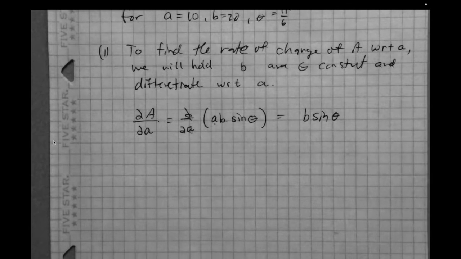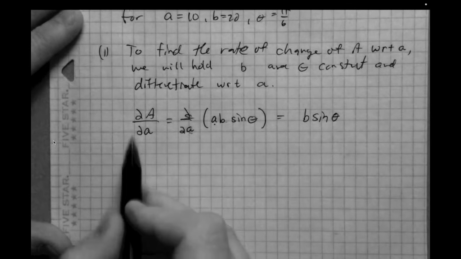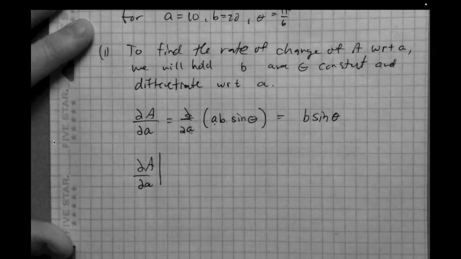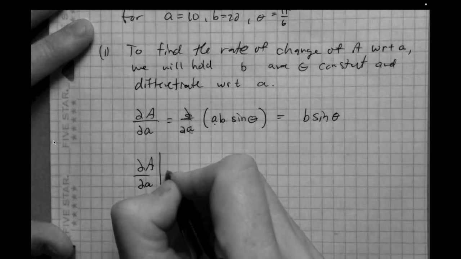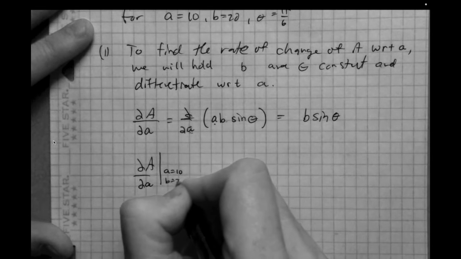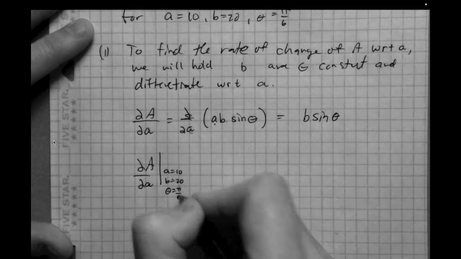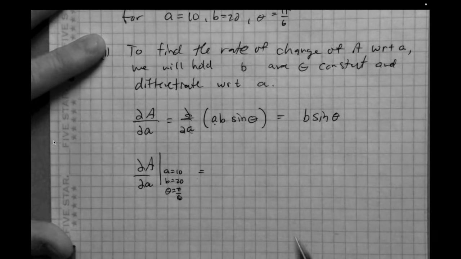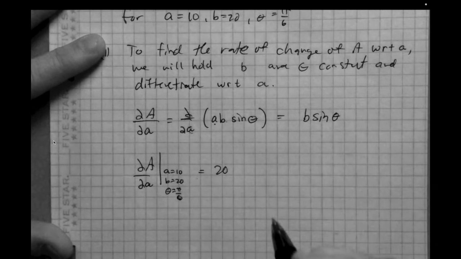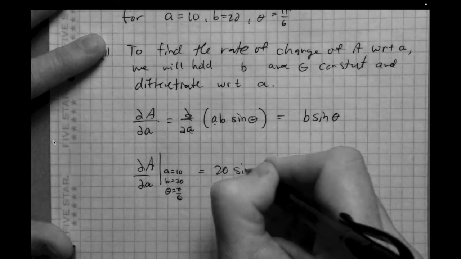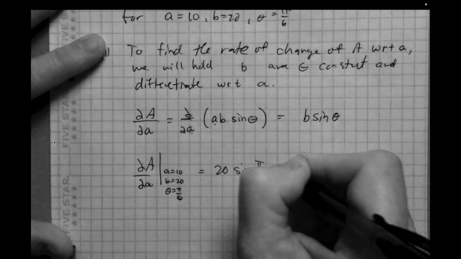Okay. Right, so b sine theta. And then we have to evaluate this at a equals 10, b equals 20, theta equals pi over 6. And so that would just be 20 times sine of pi over 6.